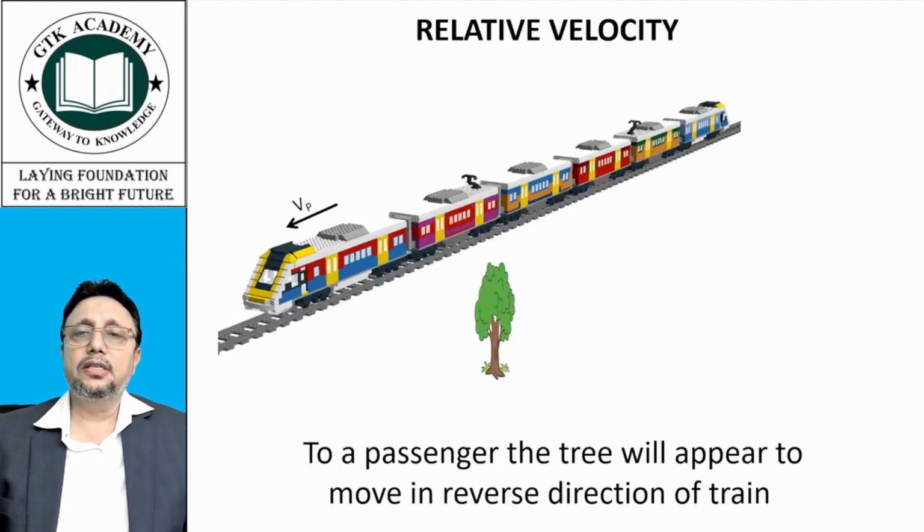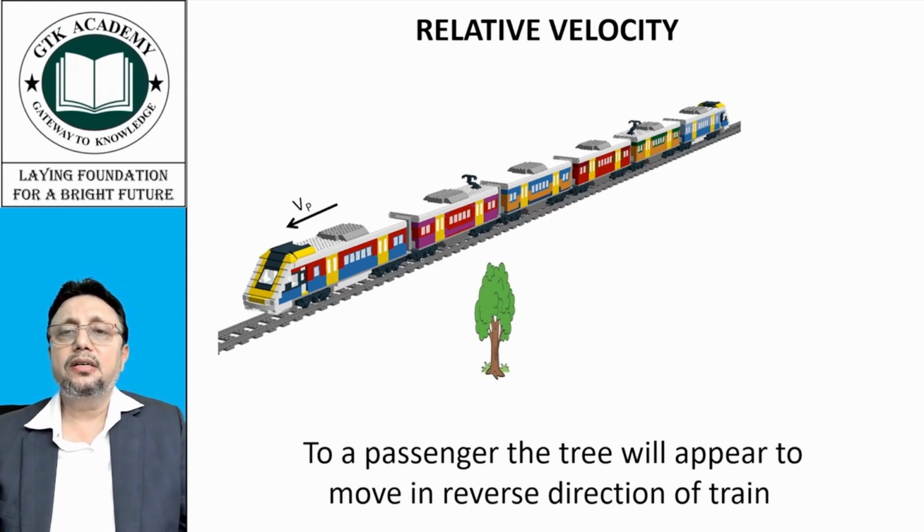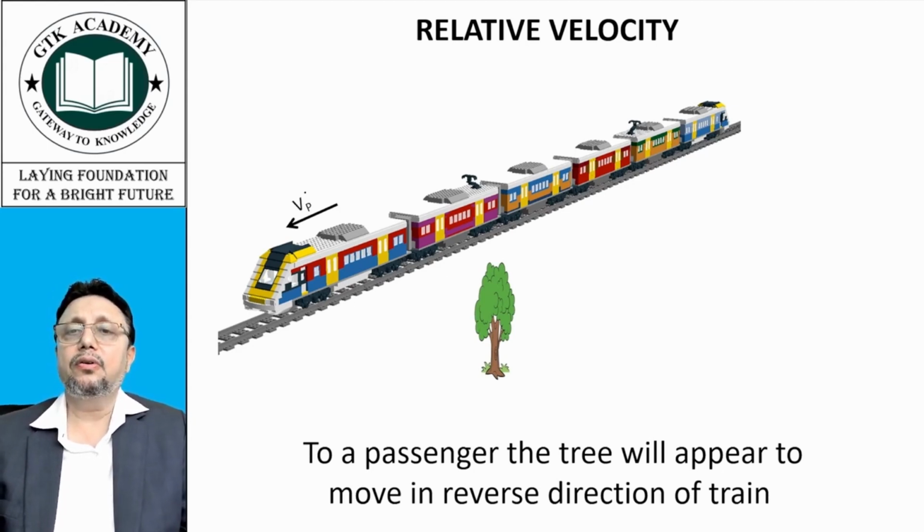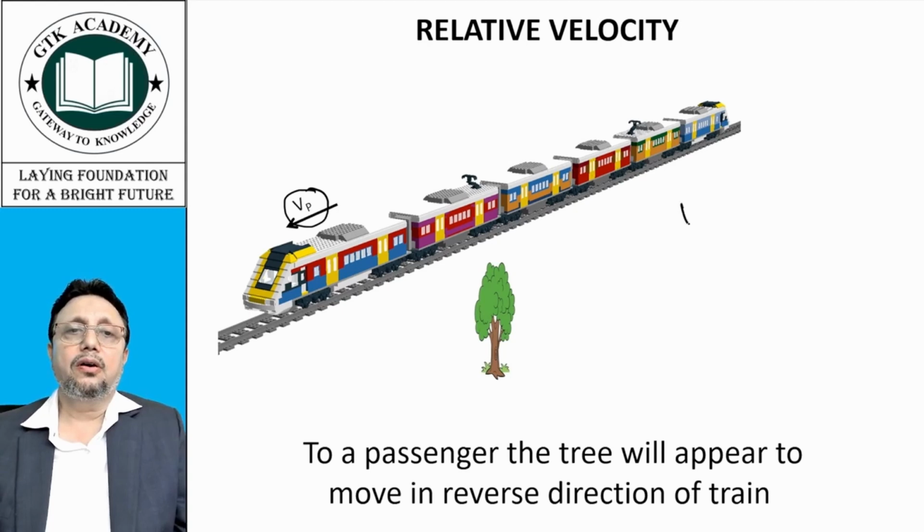Now, this is the first example which I gave. We know that the tree is stationary, but to a person who is moving in a train with a velocity of, say, Vp, we call it velocity of person, the velocity of the tree relative to the person will be velocity of tree minus velocity of person, right?